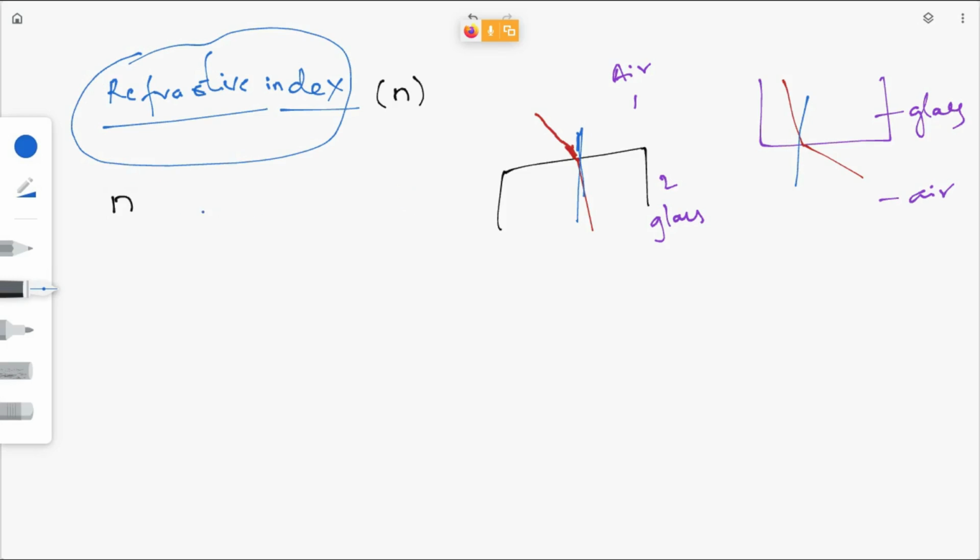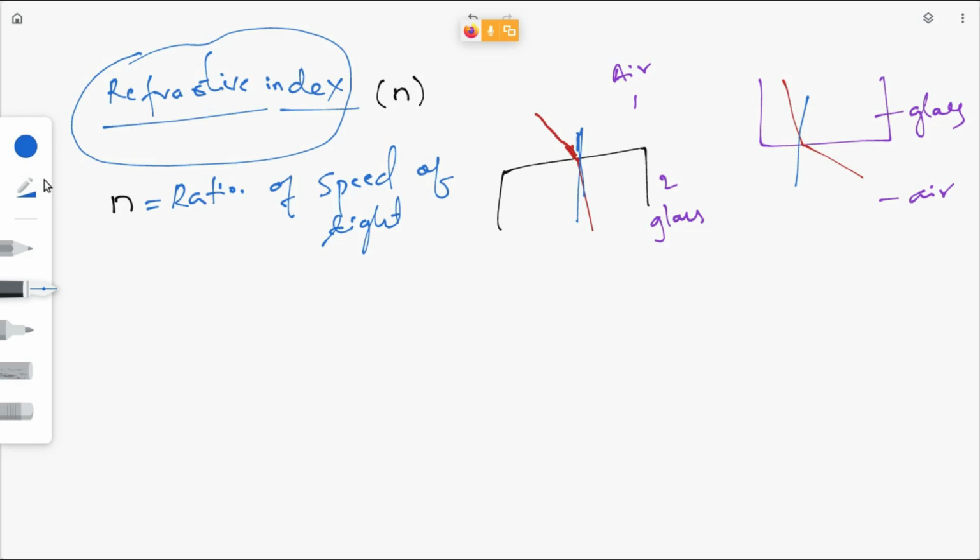So simple, just remember that refractive index is a ratio of speed of light.